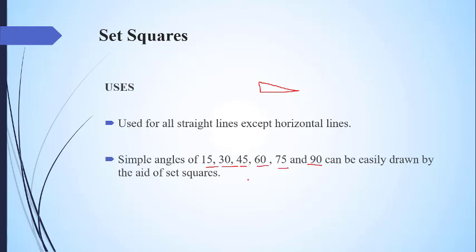However, you can see that 30 and 60 are marked, but the 15 degree angle is not mentioned on the set square. It can be drawn by combining both the 45, 45, 90 and the 30, 60, 90 set squares. So it can easily be constructed using a combination of these two set squares.